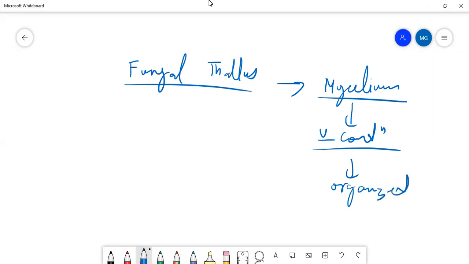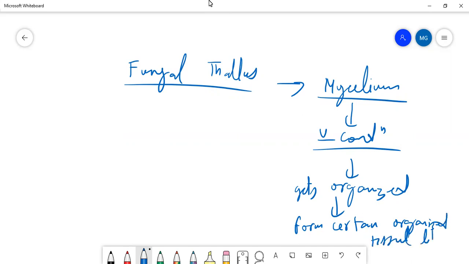It gets organized to form certain tissue-like structures.